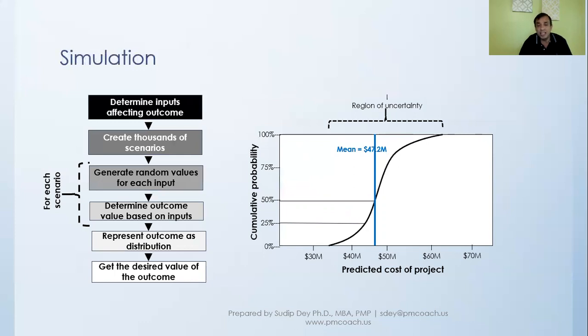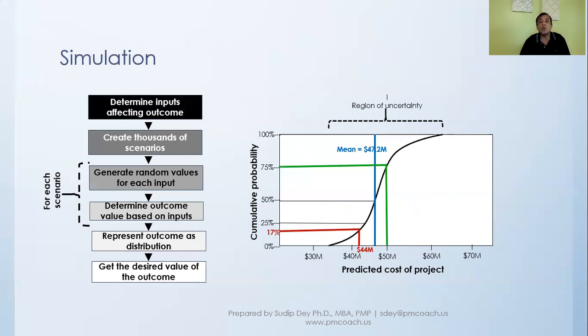So what we are really saying is that the predicted cost for this project will be 47.2 million, but with a 50% chance, so to speak. And we can look at different points: 17% cumulative probability with 44 million, or 75% probability with 50 million.